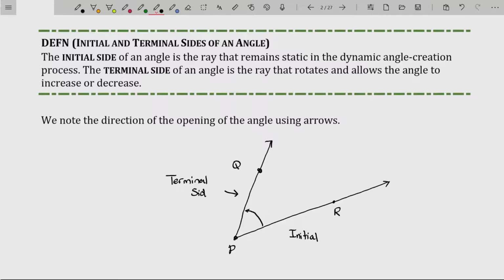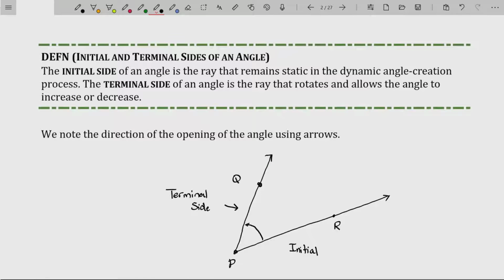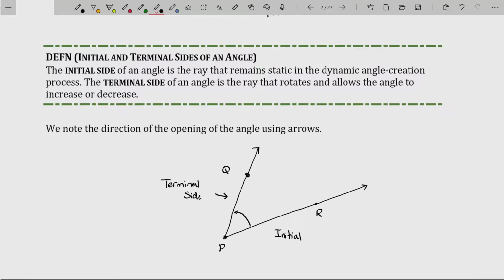Okay. And that's what this definition basically says. The terminal side of an angle is the ray that rotates and allows the angle to increase or decrease. Now you might be asking, what does it mean for an angle to increase or decrease? There are negative angles, there are positive angles, and we'll talk about the direction in which those go in a while.